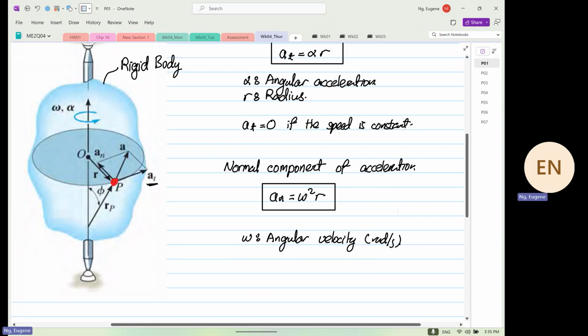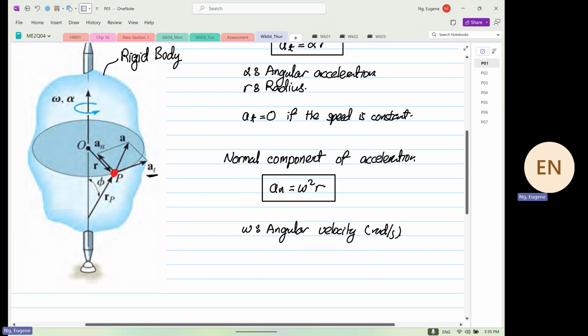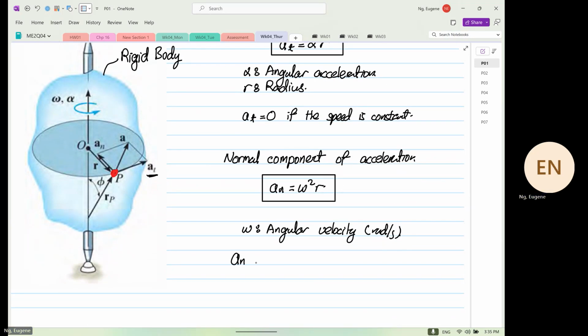Okay, a key thing to take note is AN is always pointing towards O, which is the center of the path. Okay, center of the path.